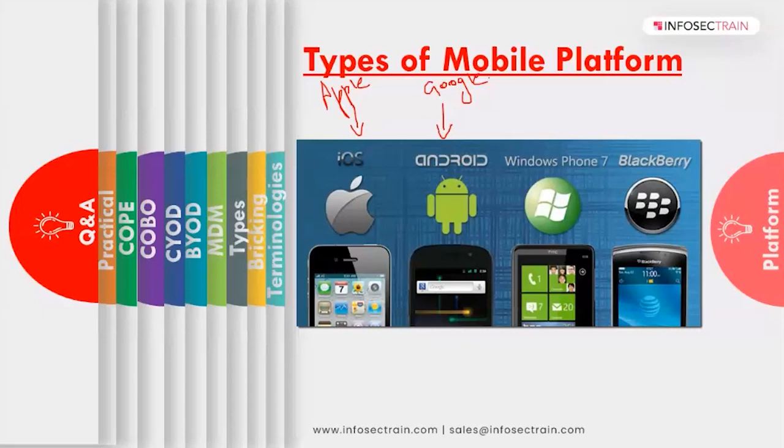So the thing is that Android was not created by Google, right? It was created in 2003 and it was created by someone else, right? Then Google purchased Android. And before the purchasing of Android by Google, the source code of Android was open source.